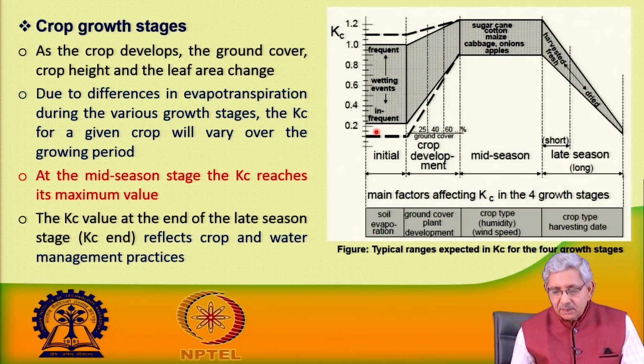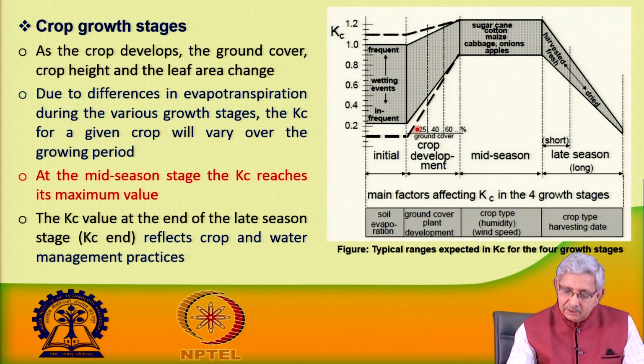Now, the crop starts developing its leaves, and this is the development stage. Crop development stage means ground cover and plant development. As the number of leaves increases, in a vegetable crop or any other crop, it starts covering the ground.